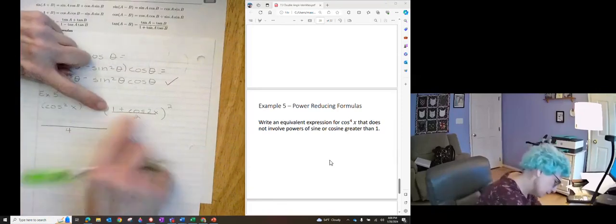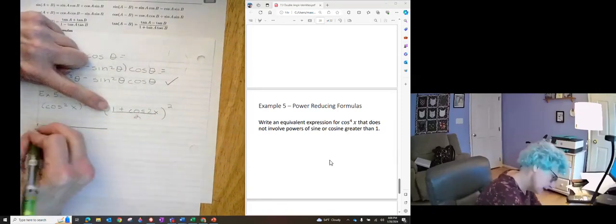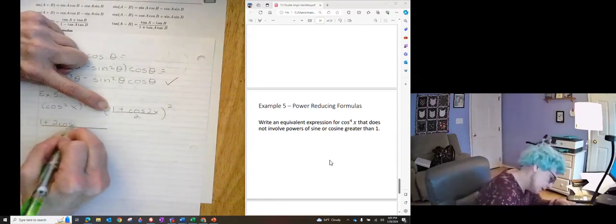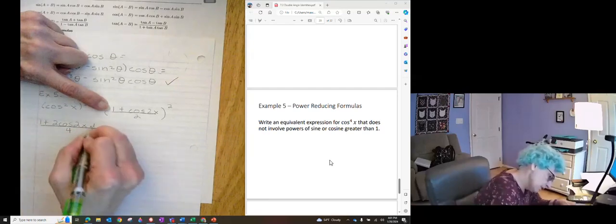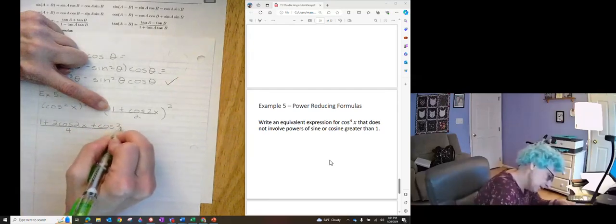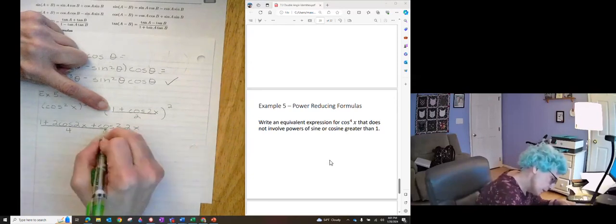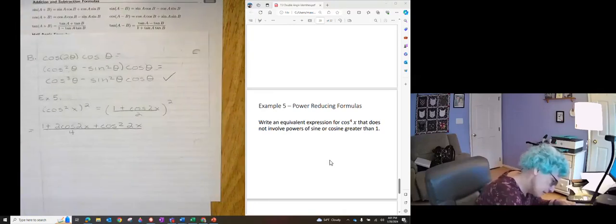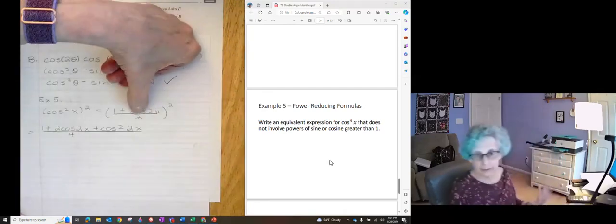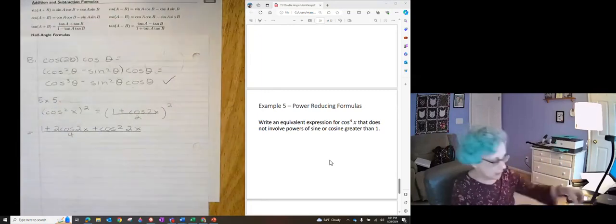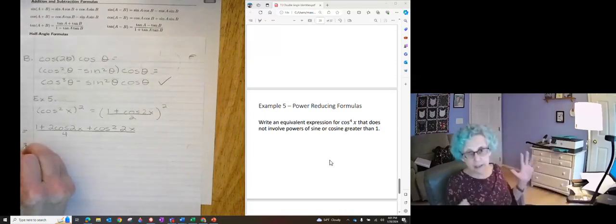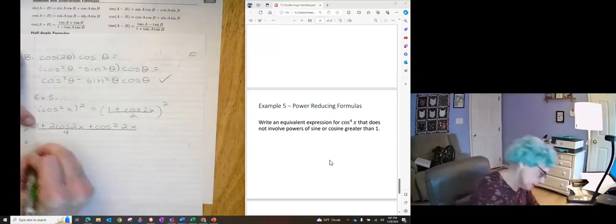I don't want to lose anything. So now I just have to square the 1 plus cosine of 2x. That gives me 1 plus 2 cosine 2x plus cosine squared of 2x. Okay, so far so good. So I decided to square the numerator and square the denominator separately so I didn't lose anything.